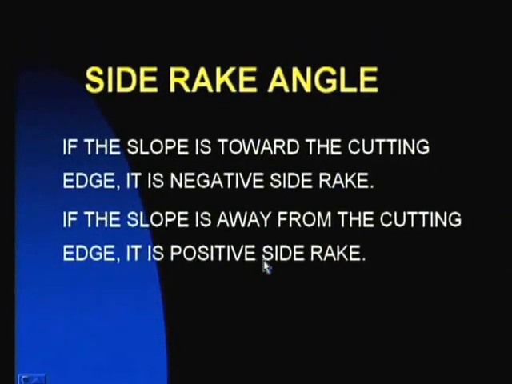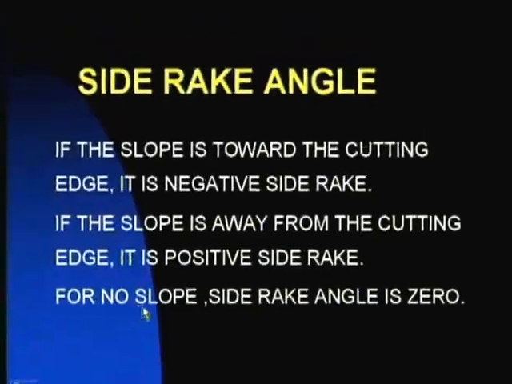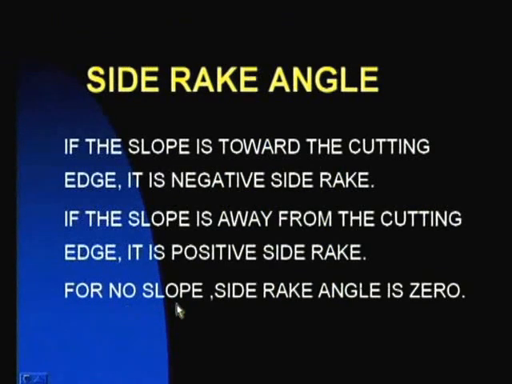If the slope is away from the cutting edge, it is a positive side rake. Away from the cutting edge means it is sloping downwards. And the third option is, if there is no slope, the side rake angle is 0.